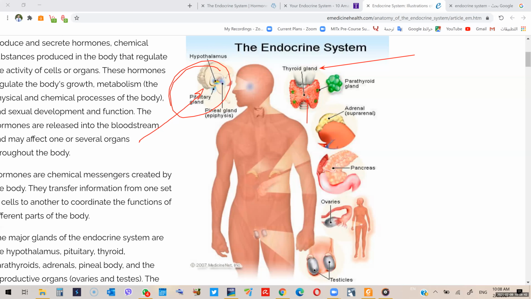Pineal body. The pineal body or pineal gland is located in the center of the brain. It produces melatonin, which regulates sleep cycles. Adrenal gland. One adrenal gland is located above each kidney. They produce adrenaline, which helps the body respond to stress.